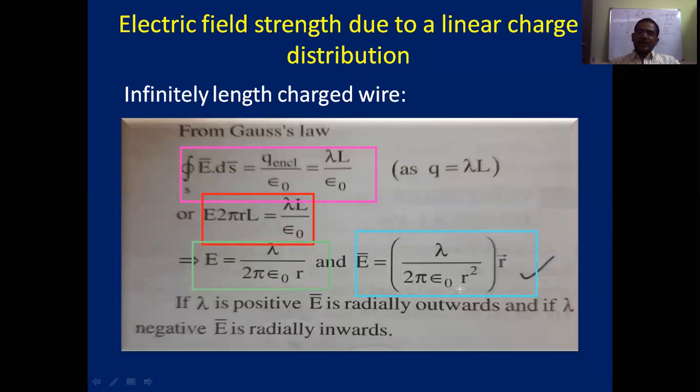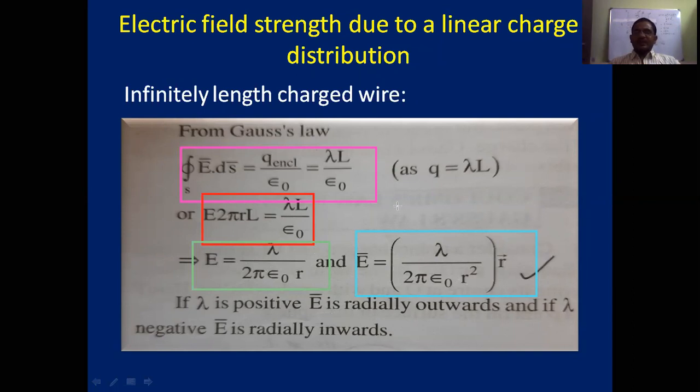If you write r square in the denominator, write r bar here. Taking the magnitude on both sides, modulus E bar gives modulus r bar as r, and one r cancels, so you get the same result. Or if you want to keep it as is, E bar equals lambda by 2 pi epsilon naught r into r cap. So if you write r in the denominator, write r cap for vector form. If you write r square in the denominator, you should write r bar here.